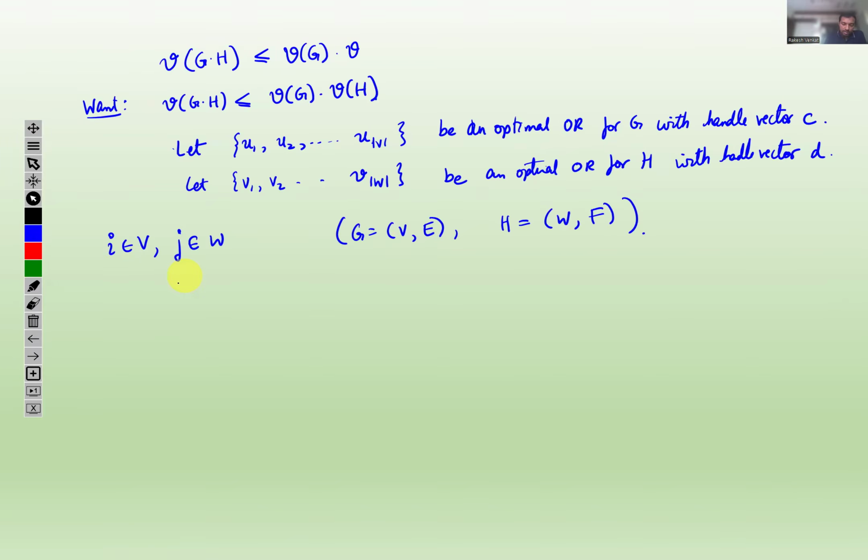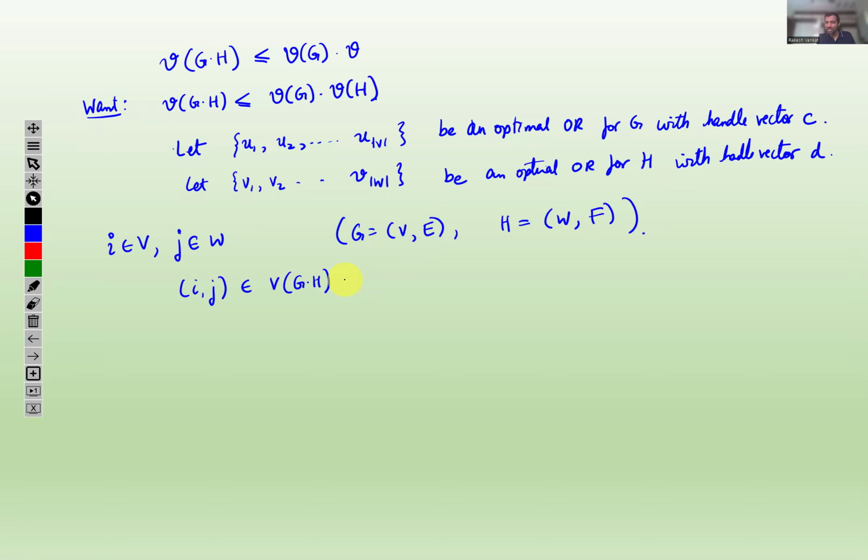Then the vertices in G dot H are these tuples (I, J). How do I define a vector for (I, J)?